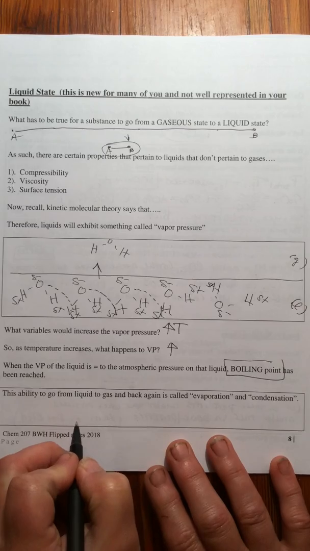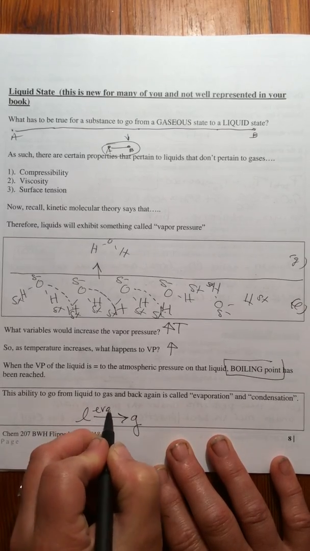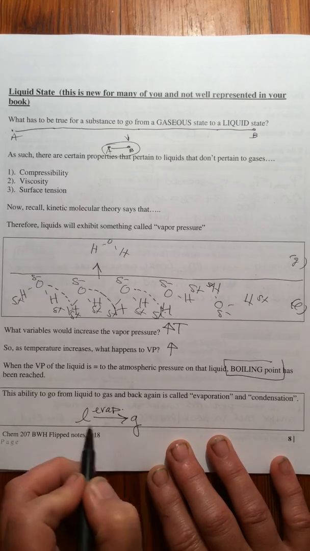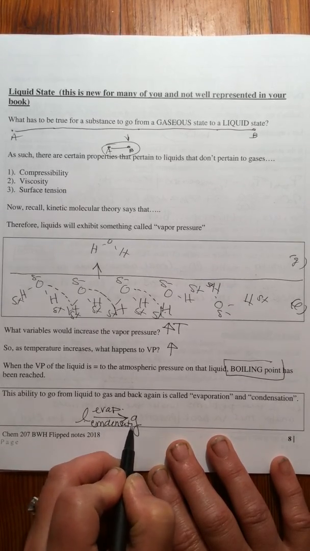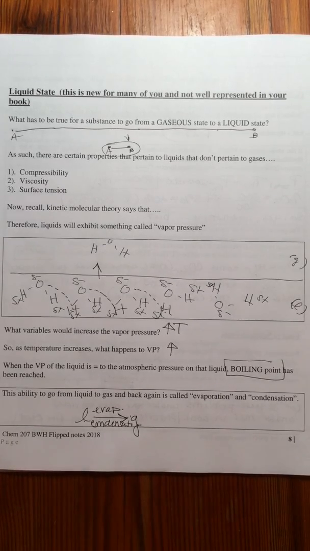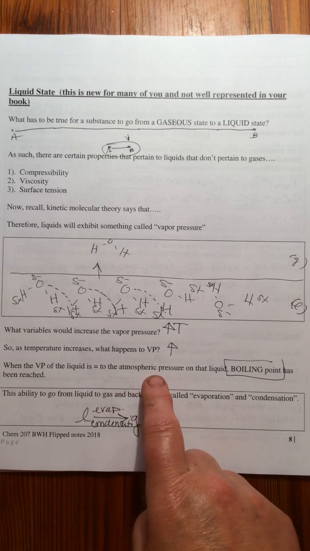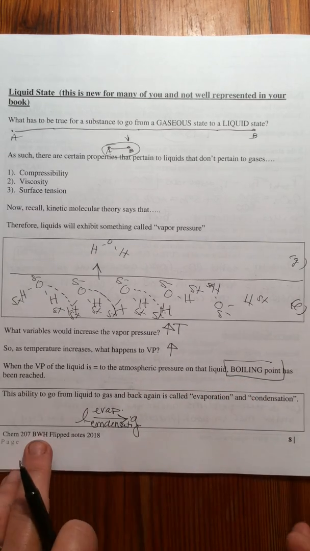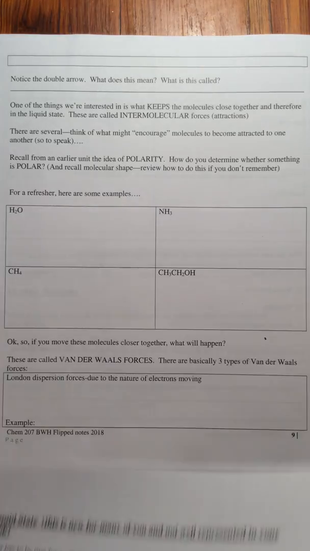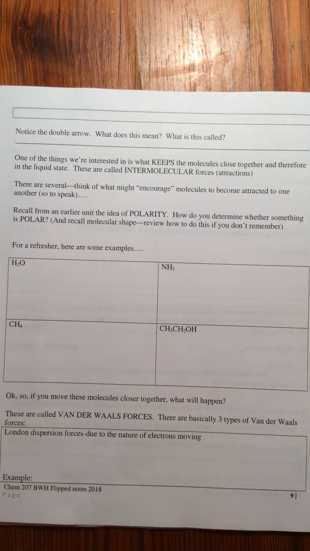Okay? So when we go from liquid to gas, that's called evaporation. Gas back to liquid, that's called condensation. Okay? And specifically, when the vapor pressure of the liquid is equal to the atmospheric pressure on that liquid, we call that the boiling point. Now, you notice the double arrow.